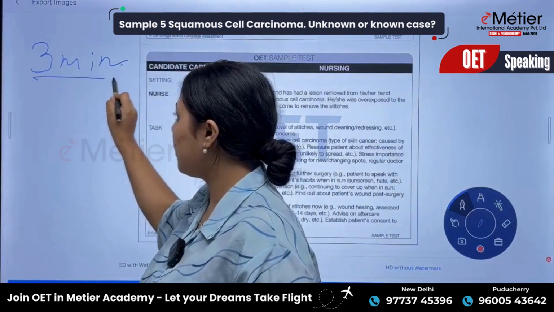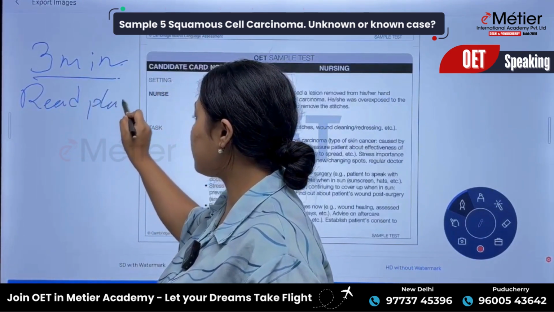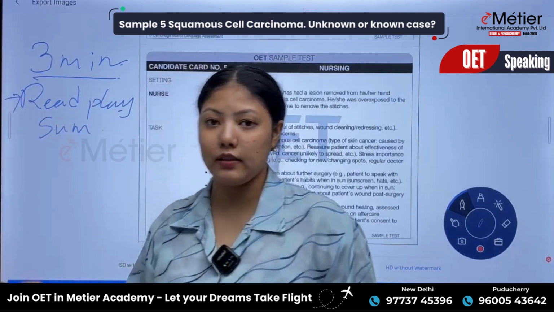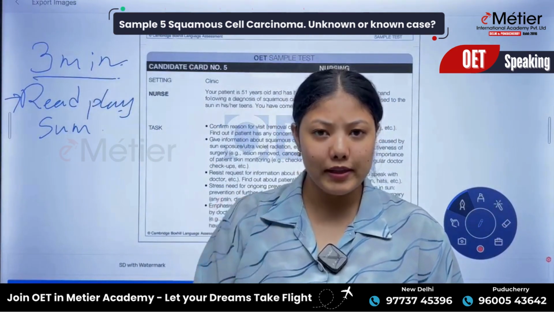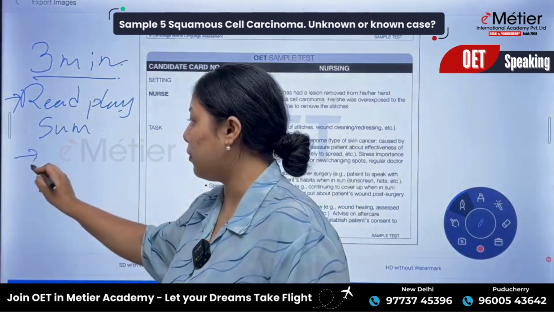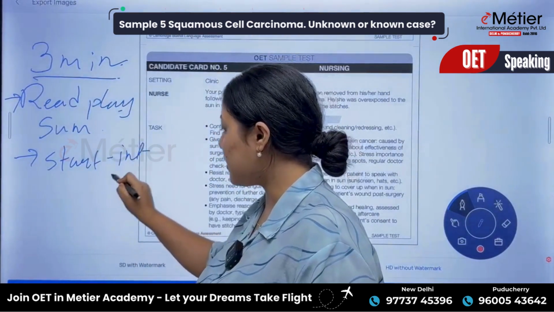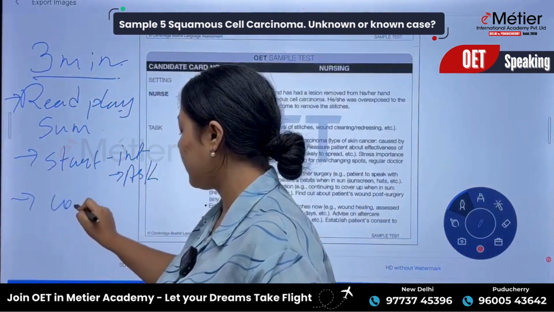So first, we read the role play and try to summarize it by understanding it completely. Try to understand the core of it. What are they trying to talk about? What message do I have to convey the patient? How am I going to start the role play? Do I have to introduce myself or not? Should I ask the name of the patient or not? And how do I conclude it?